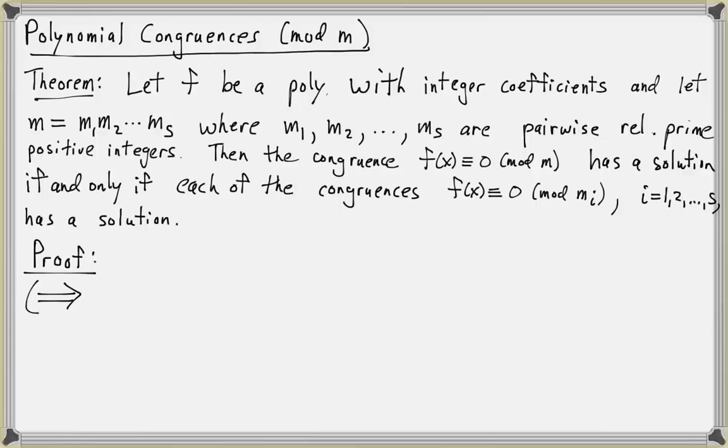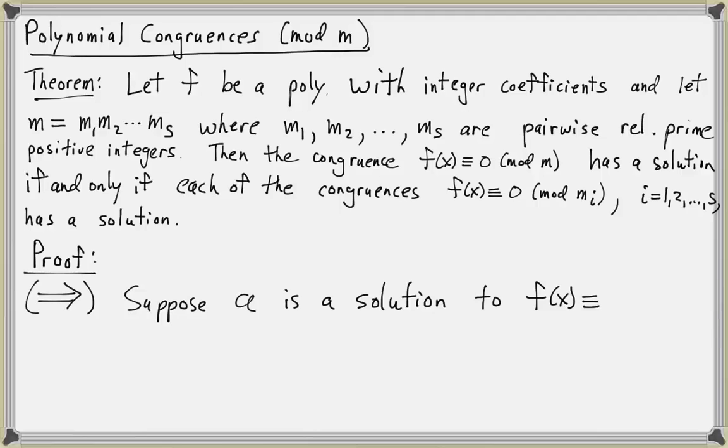Let's prove the forward implication first. So I'm going to assume that f of x congruent to 0 mod m has a solution. Suppose a is the solution to f of x congruent to 0 mod m.